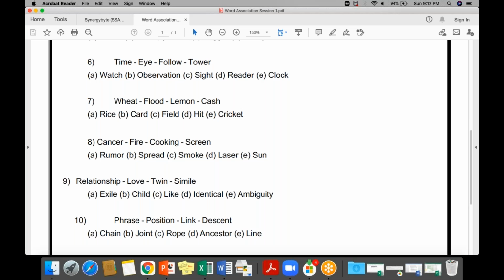People answering line, can you tell me how is line related to position? How is line related to phrase?